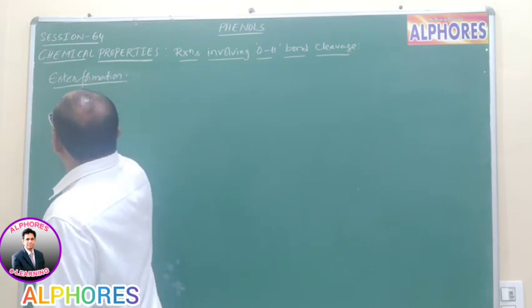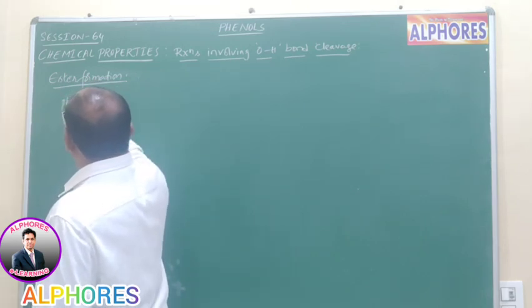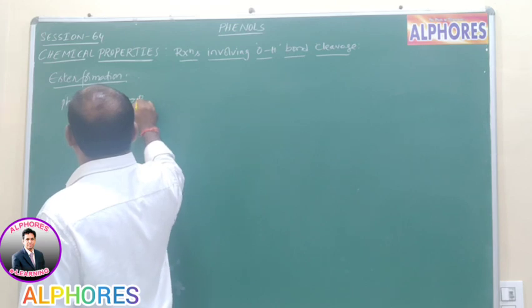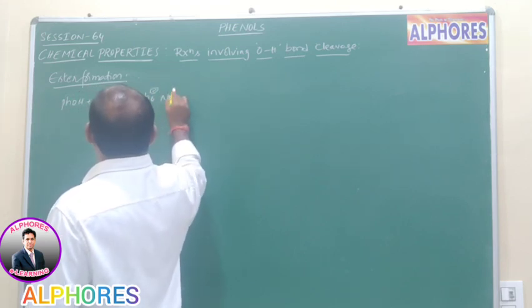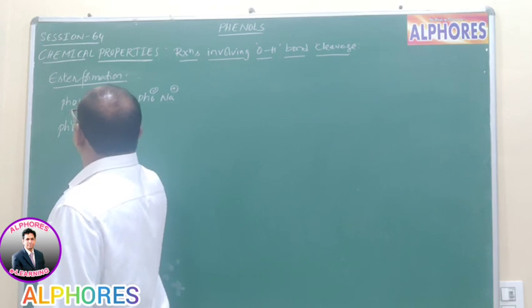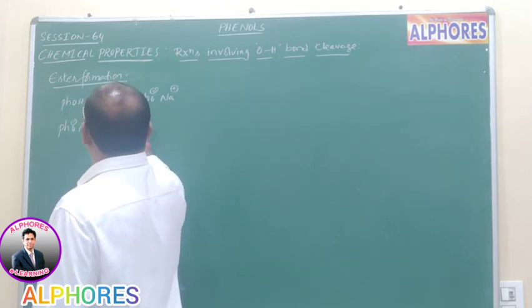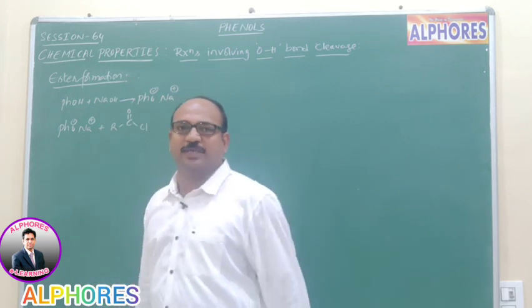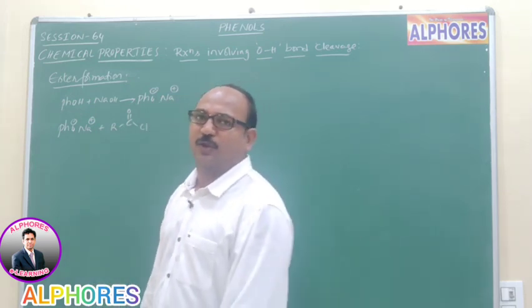Formation of ester: phenol upon reaction with sodium hydroxide, we know, gives sodium phenoxide, PhO- Na+. Sodium phenoxide upon reaction with RC=OCl, this is what we call the acid chloride.